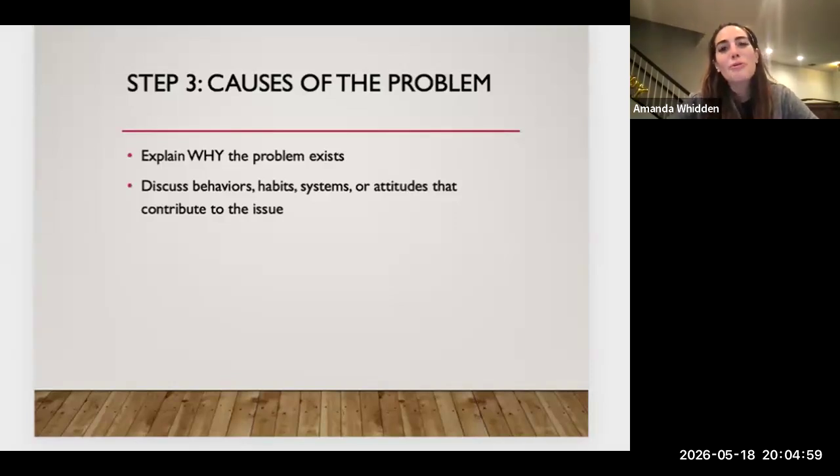After you go through your evidence and reasoning, you're going to bring up the problems or the cause. Before, we talked a little bit about why these problems exist. What is going on? Why does this continue to happen? This explains simply why that problem continues. You might discuss things like people's social habits, financial systems, perhaps cultural norms, convenience, or lack of awareness.